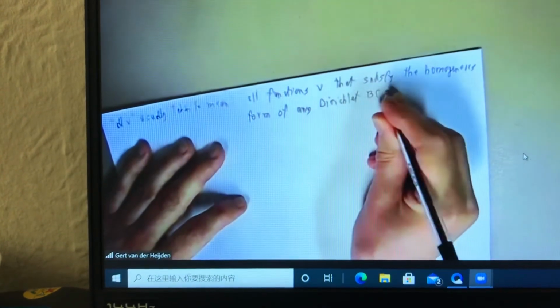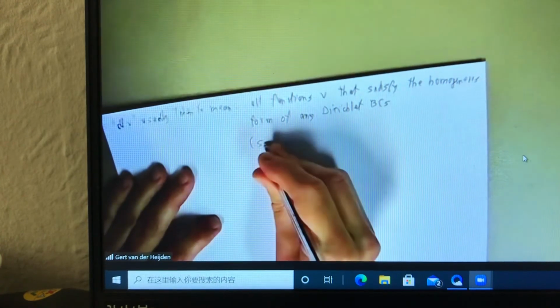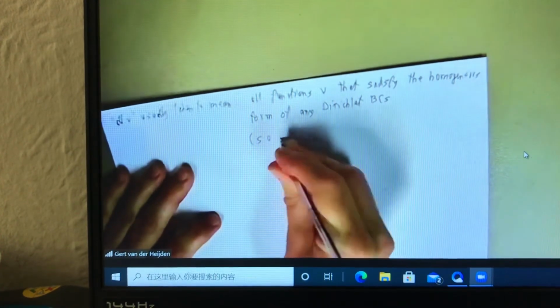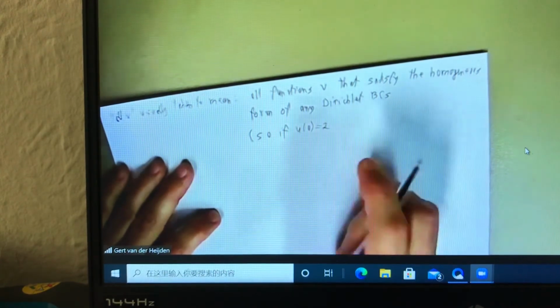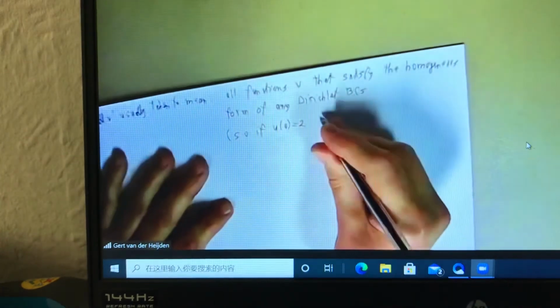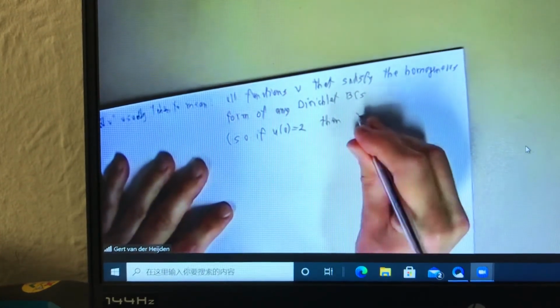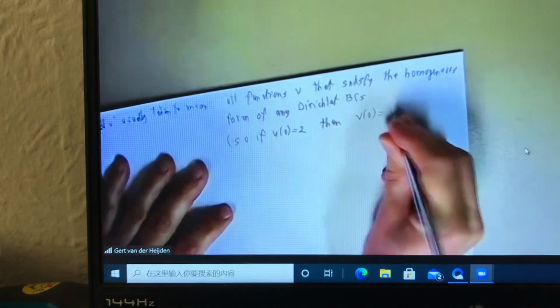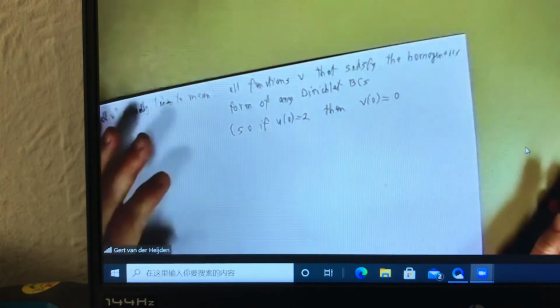BC is boundary conditions. So what does it mean? It means that if you had a Dirichlet boundary condition on u which is inhomogeneous, with a non-zero right-hand side, then you would impose the condition v(0) equals 0. So the test function would satisfy the homogeneous form of that boundary condition.